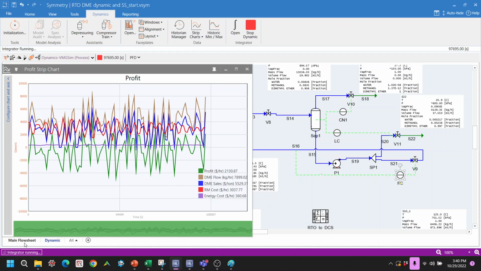In steady state, the profit was about 271 dollars per hour. And in this case, the profit is 2000 somewhere, simply because we have fluctuations of the flow rate every hour. Not every hour, this is every second.